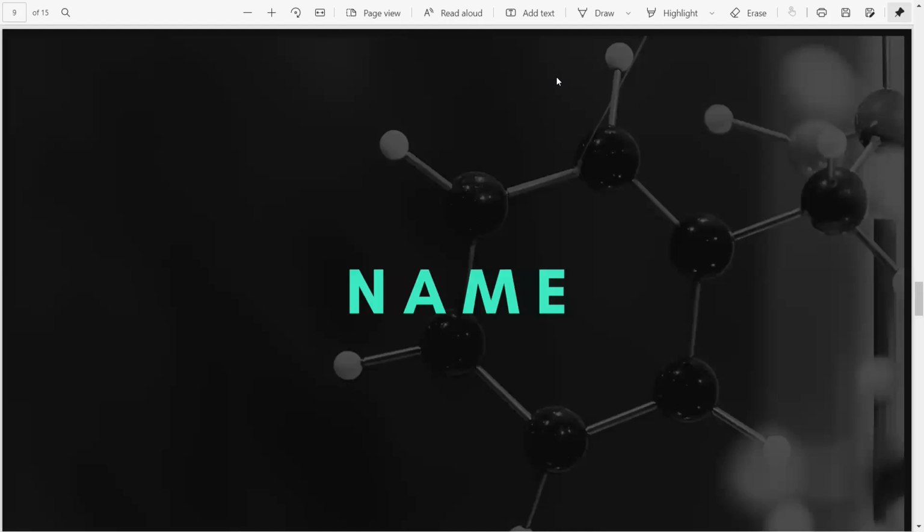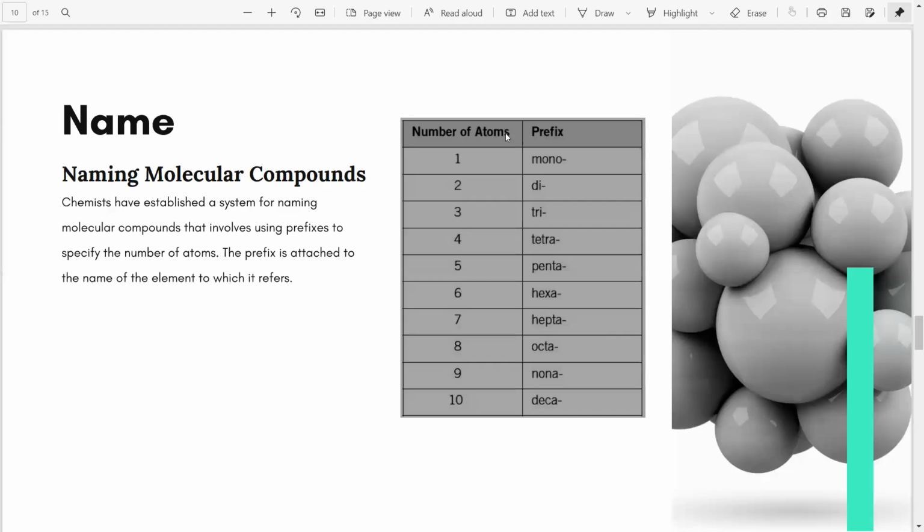Next, we get into some naming practice for molecular compounds. Chemists have established a system for naming molecular compounds that involves using prefixes to specify the number of atoms. The prefix is attached to the name of the element to which it refers. So if you have 2 oxygens, that's dioxide.